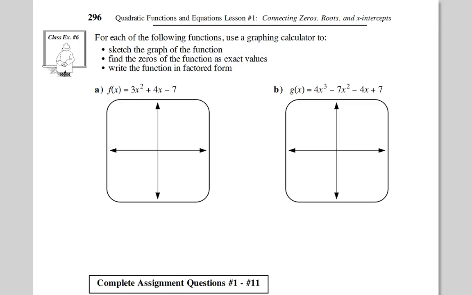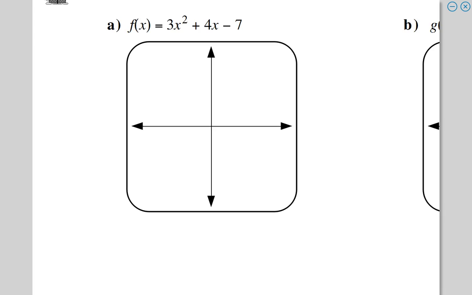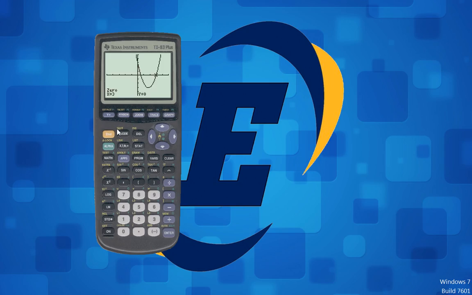Okay, I'm pretty sure we could do this. I'm going to show you some tricks on the calculator. I know you guys like that. So what's the function again? 3x squared plus 4x minus 7.